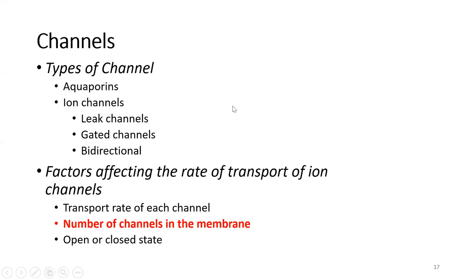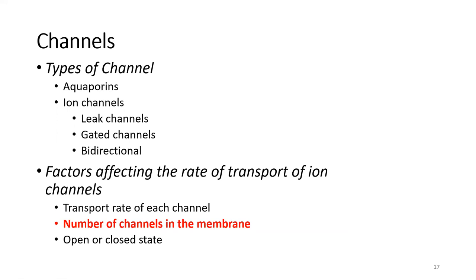Now we have different examples of ion channels. We've got leak channels that simply move ions according to their concentration gradient in or out. We've got gated channels, and within gated channels, we can have different types as well. They can be voltage gated, where they open and close at a specific membrane potential.